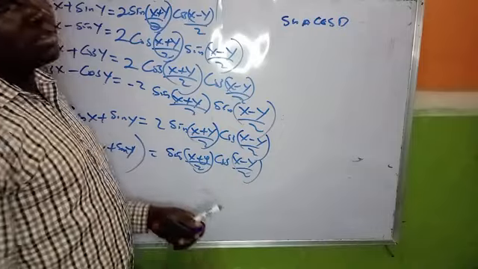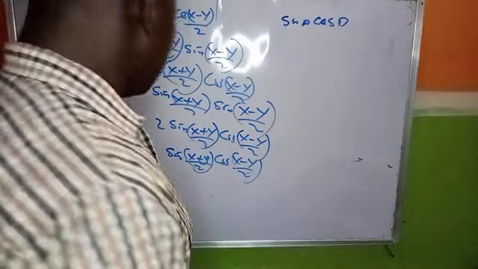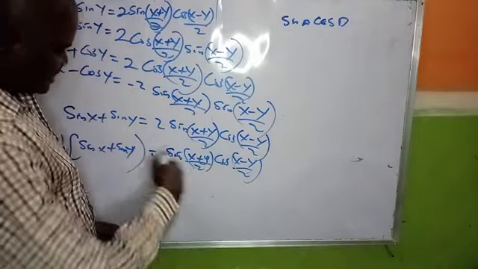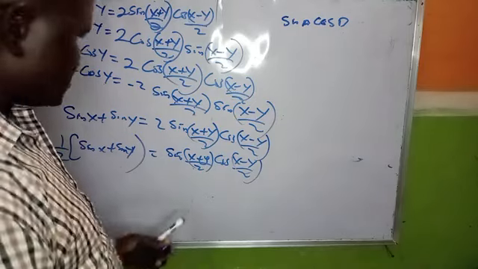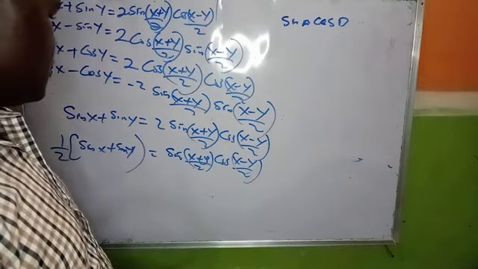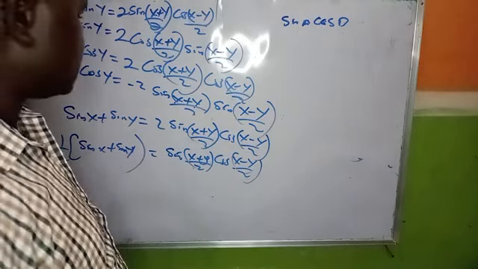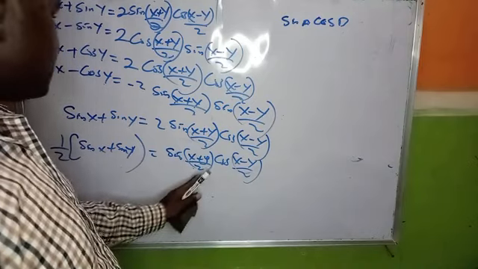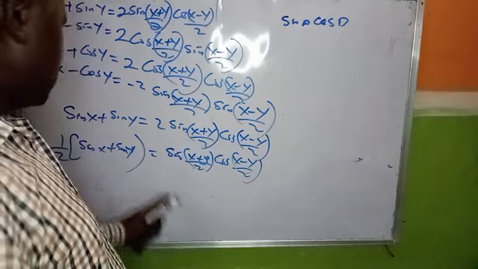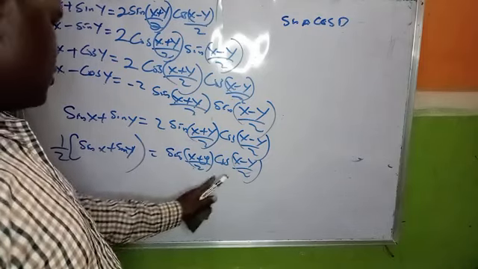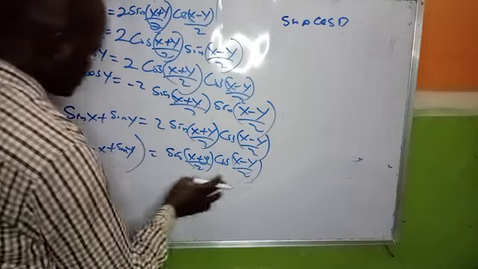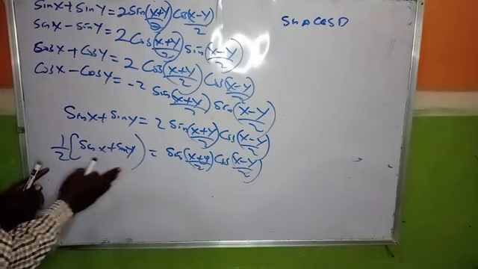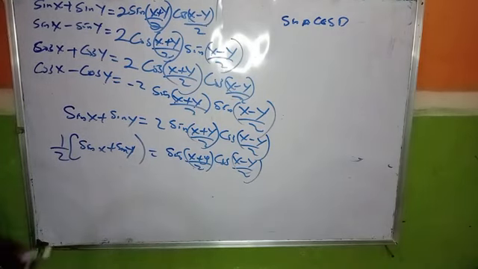Possibly, just as we did the other time, you can replace these by other values, say p and q, and if they give you these values, you can use them to calculate.